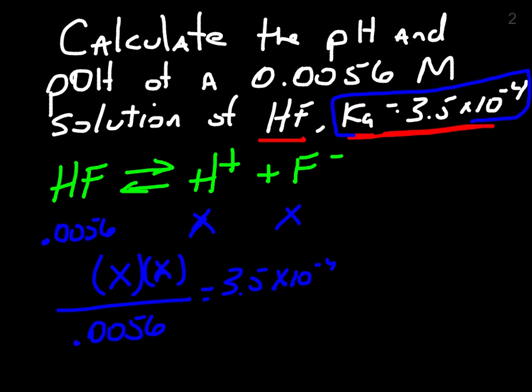So you really see the significance of having that equilibrium constant, because this is going to tell me how strong this acid is, or what the pH of this acid is going to be. So it's going to be 0.0056 times 3.5 times 10 to the negative 4th.